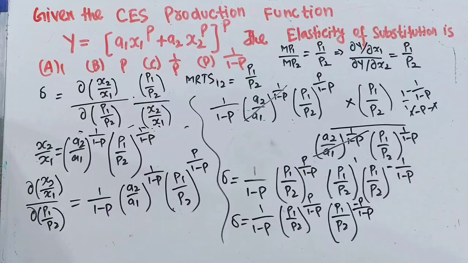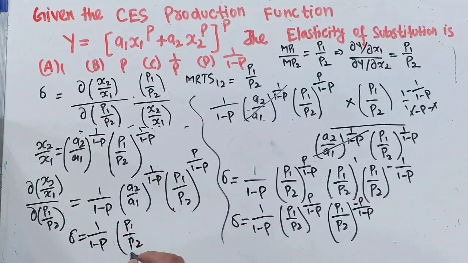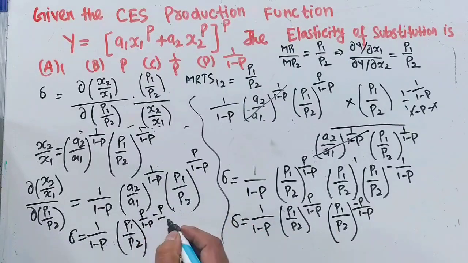Okay, so again we have 1 divided by 1 minus p, again adding the exponent, so we have p1 upon p2 whole raised to the power p divided by 1 minus p. To this we add minus p divided by 1 minus p, so this gets cancelled, so it becomes 0.